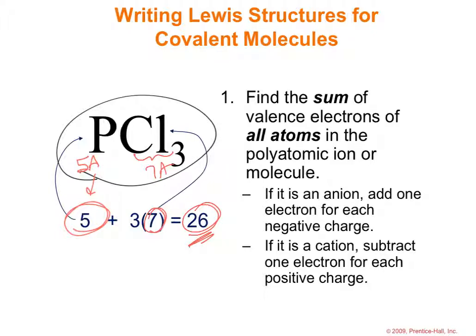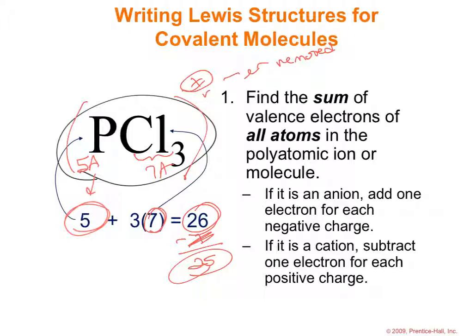Now, something I'll point out here that I'll mention later, if there happens to be a charge on the molecule, like a plus or minus charge, that means you need to make an adjustment to the total number of valence electrons. Now, if you remember, if a molecule has a plus charge, that means that an electron has been removed from that molecule, which would mean we'd have to subtract one of the valence electrons.